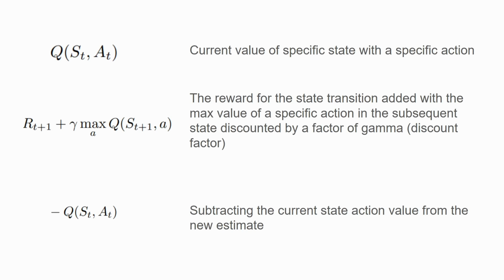The second part is the reward for the state transition added with the max value of a specific action in the subsequent state, discounted by a factor of gamma, which is also referred to as the discount factor. The last part is subtracting the current state action value from the new estimate in order to better our estimate. This is called the temporal difference error and is the heart of our update rule. This is basically saying how far off our current estimate of the state action value was from the new estimate.